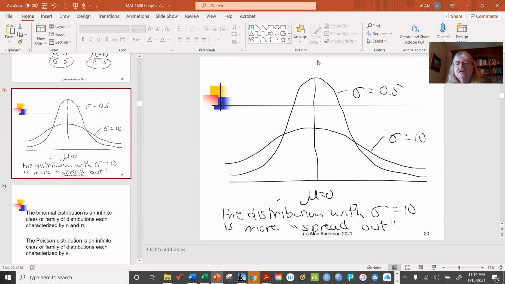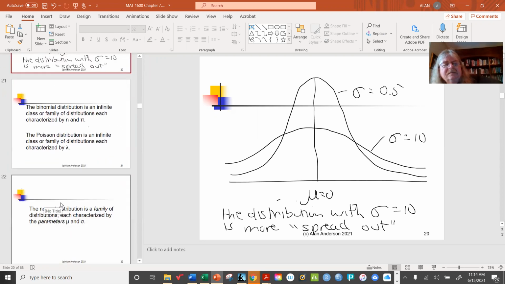So that's how you can tell the same mean, different standard deviations. They're still both bell-shaped curves, but one is more spread out than the other. Okay. Pretty cool, huh?